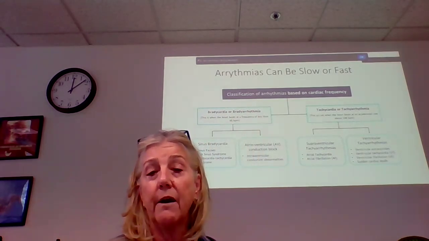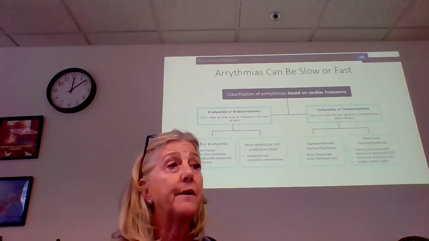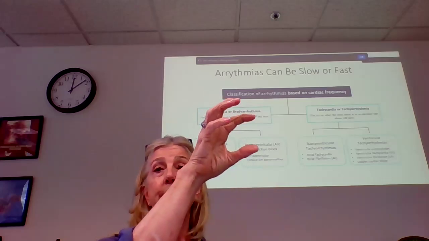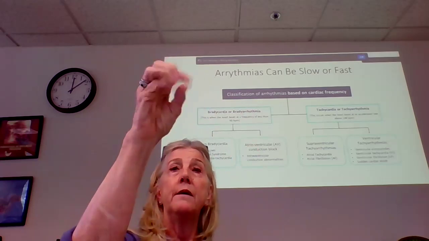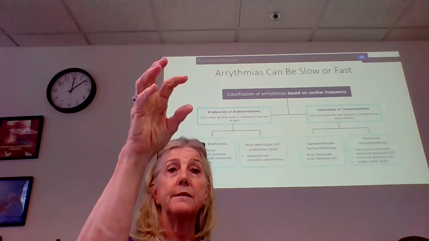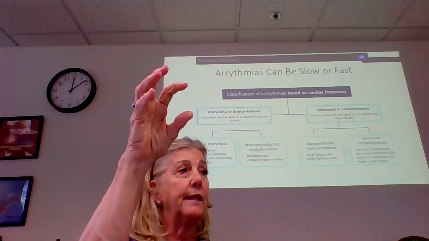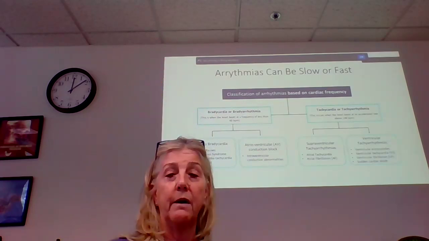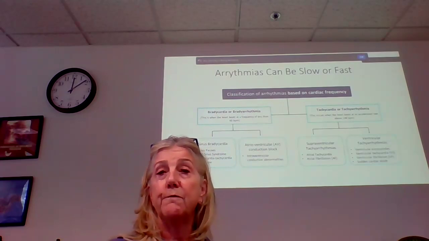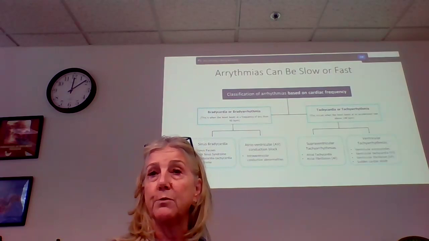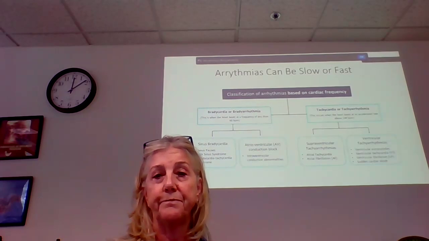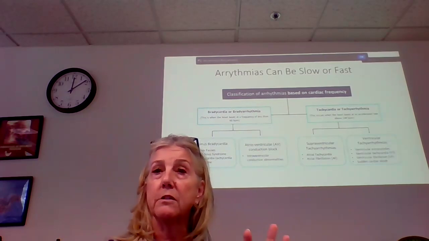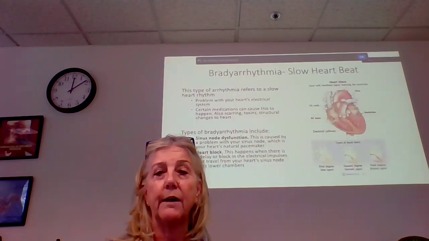And then on the tachycardia side, there can be a little focus in the atria that's sending off rapid electrical impulses. Atrial fibrillation can be a fast rhythm in the top part of the heart. And then there are really fast rhythms in the ventricles. So location, fast or slow. That's how they're going to categorize.